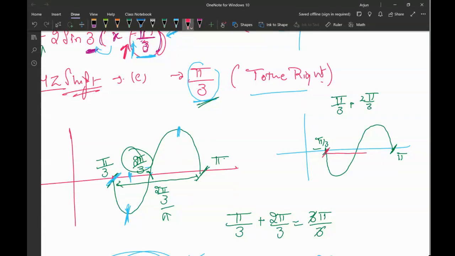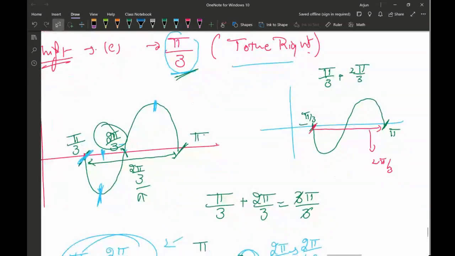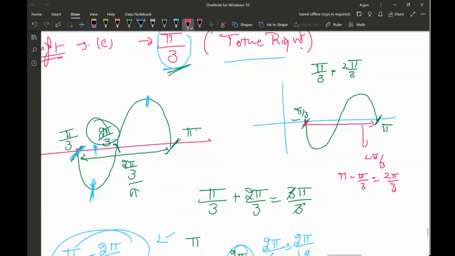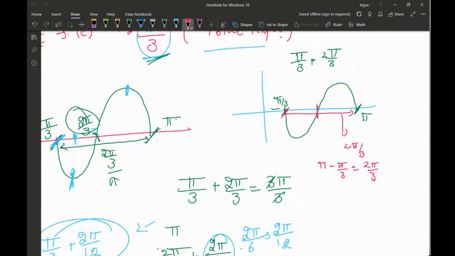So this whole is the time period, which is 2 pi over 3. And then you can also always find the midpoint by subtracting pi minus pi over 3, which is equal to 2 pi upon 3. And now the halfway, if I wanted to find the midpoint, this is how we're gonna find out. We're gonna say what is the half of 2 pi over 3, which is divide this by 2, which is 2 pi over 6 halfway.